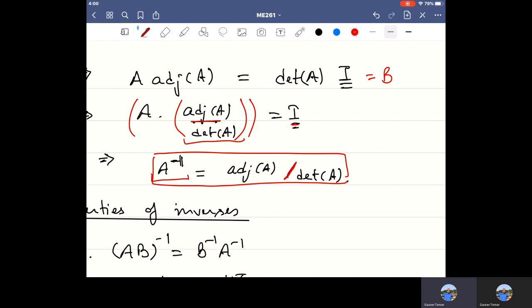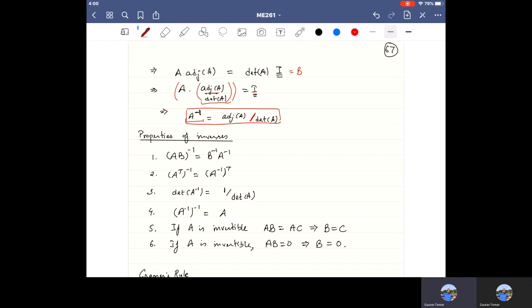So there are certain properties of inverses that we can note here. This comes exactly the same way as we talked about transposes or adjoints. If you have a mapping AB, in this case you're doing first B and then you're doing A. And when you want to do AB inverse, you have to first do A inverse and then do B inverse.